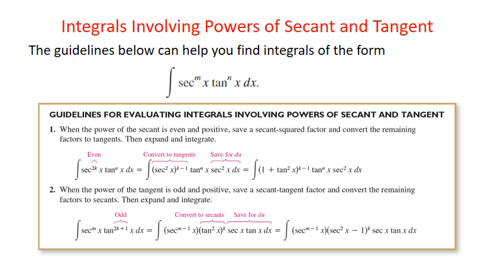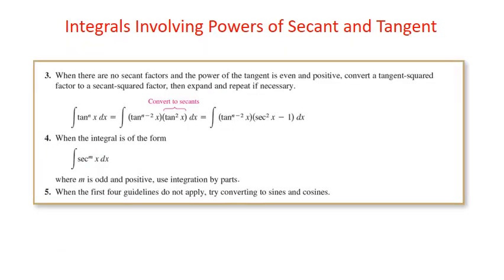So now we're moving on to different trig functions, namely secant and tangent. So if I have something of this form, now I have these guidelines. So once again, pause the video and read through some of these guidelines here. Do the same thing here because this just continues.